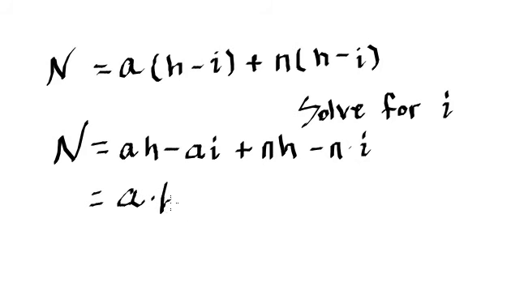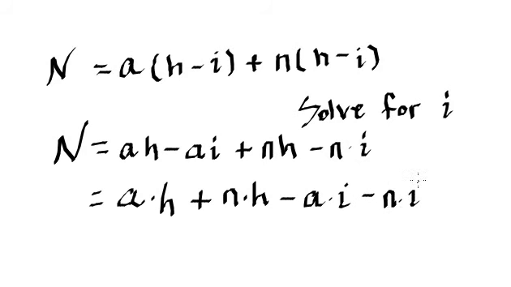A times H, I'm going to move this over, so plus N times H minus A times I minus N times I. Okay. Rewriting our N over here. I guess I should have done this in the first place, but I'm going to subtract off the AH and subtract off the NH.